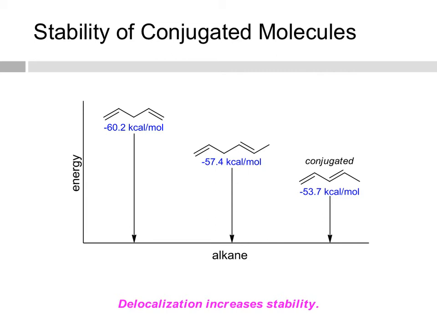If we were to take these 3 alkenes, we've got a conjugated diene and 2 non-conjugated dienes, so 2 isolated alkenes, and we can hydrogenate them until they form the corresponding alkane. In this case, we can see that the conjugated system is the most stable. This stabilization is called the resonance stabilization or the resonance energy.